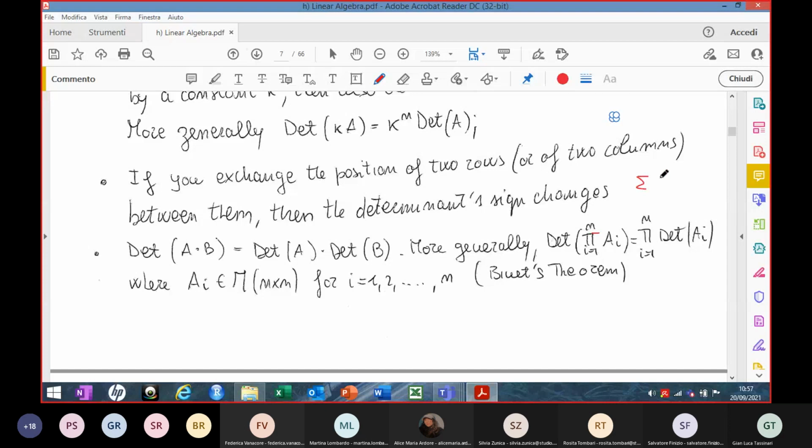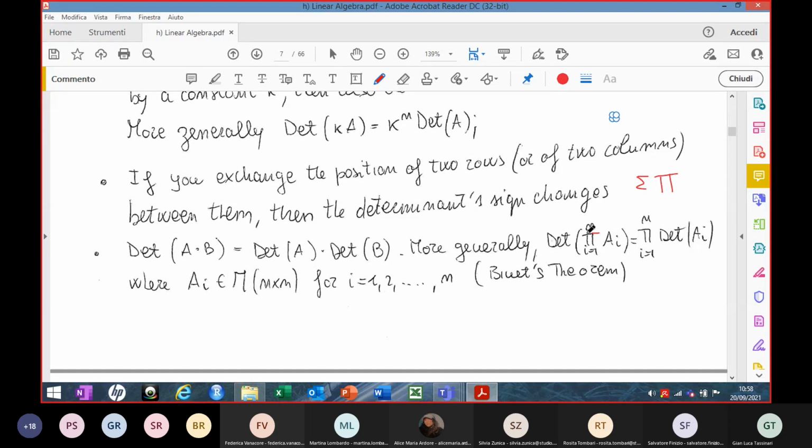There also exists this huge capital pi, which means product. This means the determinant of parentheses capital A1, the first matrix, times capital A2 times capital A3 times etc., capital An. So it's a way to write in compact form the product of n elements. So suppose you have to compute the determinant of a product of 100 matrices.